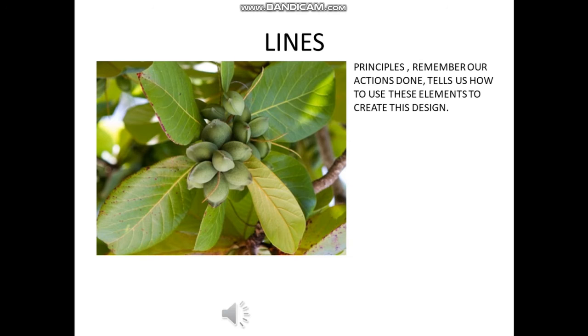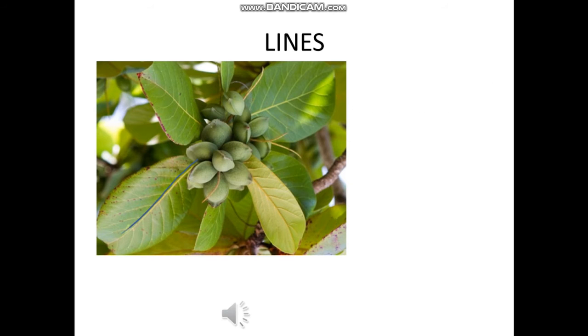Now, when we look at lines, the first thing we will notice is that a line starts from one point to the next. So that movement creates a connection from a point A to a point B, start to end. Notice that on the leaves, lines start within those veins. Now, looking at the leaves, what principle is used with these lines to create this image?